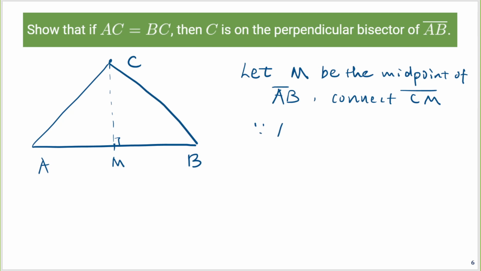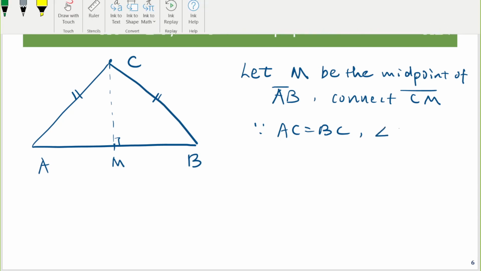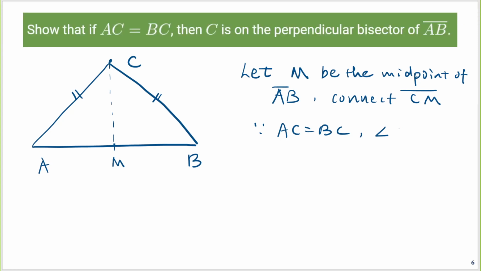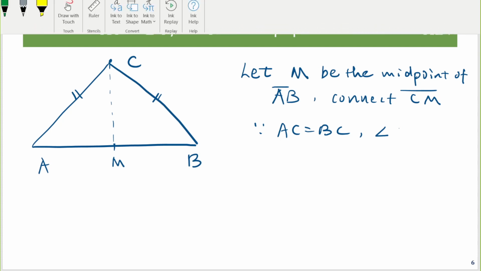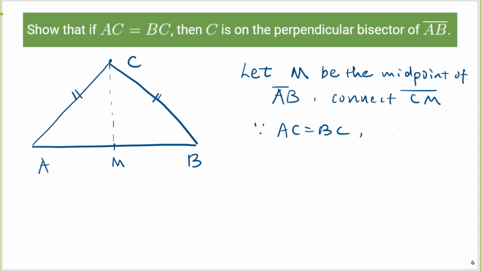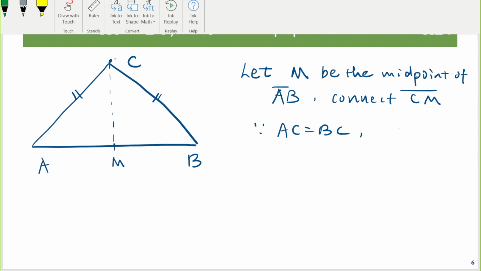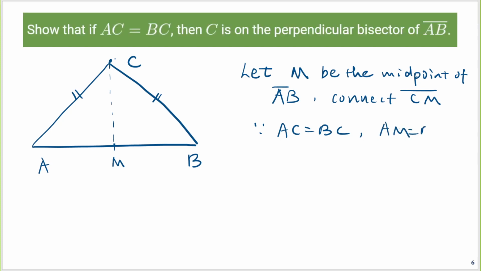Because we know AC equals BC, this side equals this side. Okay, we need to prove that the angle is perpendicular. Next, we know AM equals BM, right? And also they share the same length, CM equals CM.